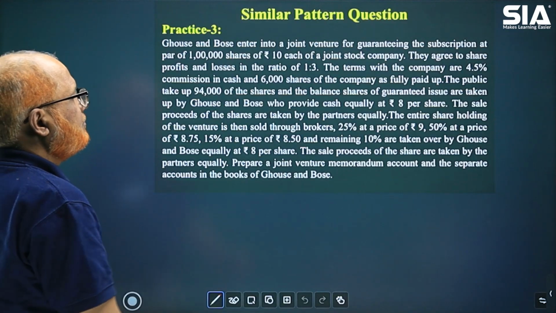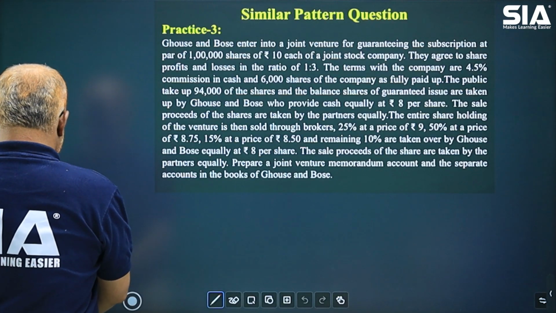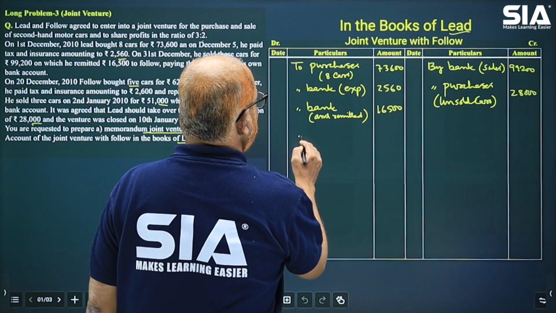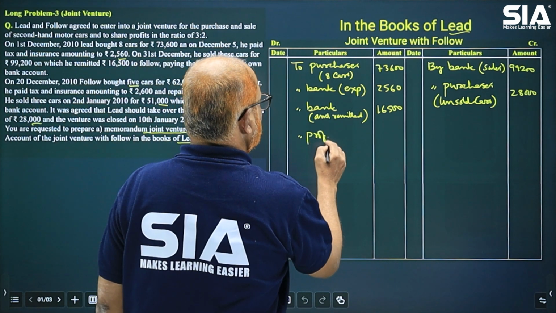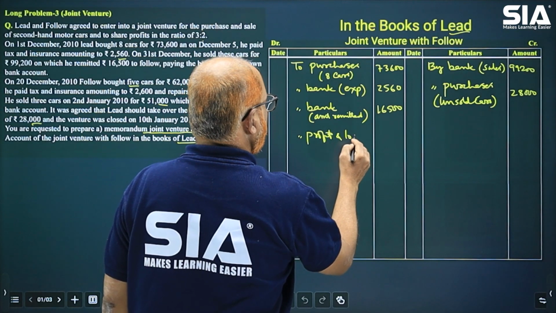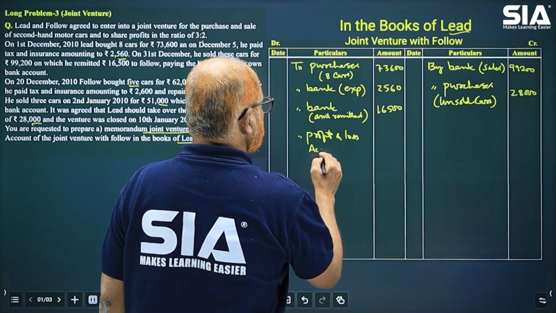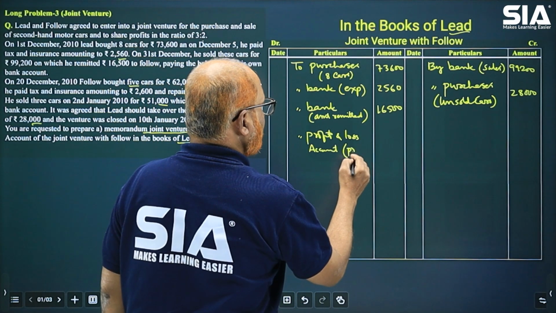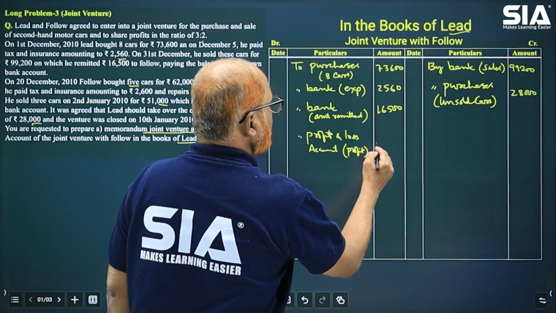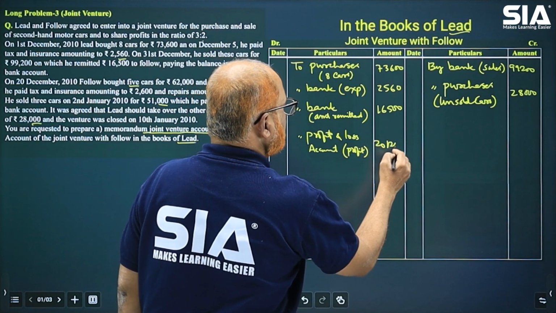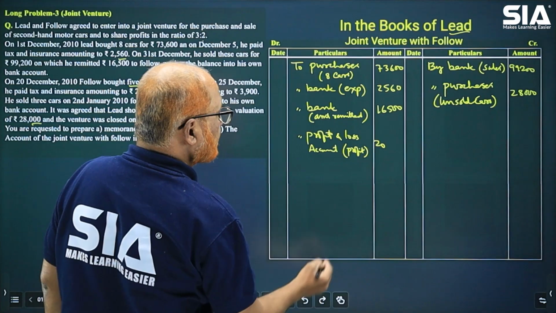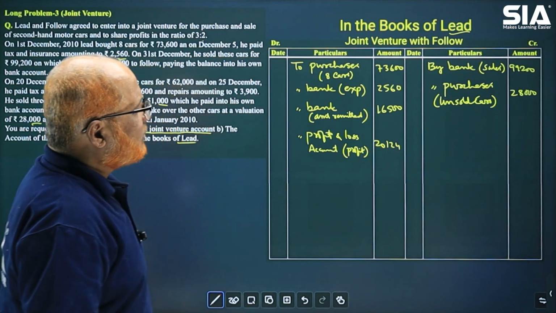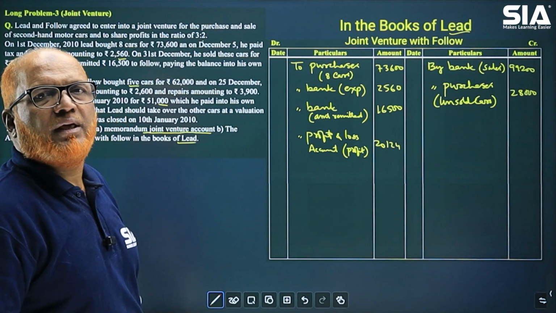So here I am taking profit and loss account, share of profit 20,124. That's all. Now remaining balance.